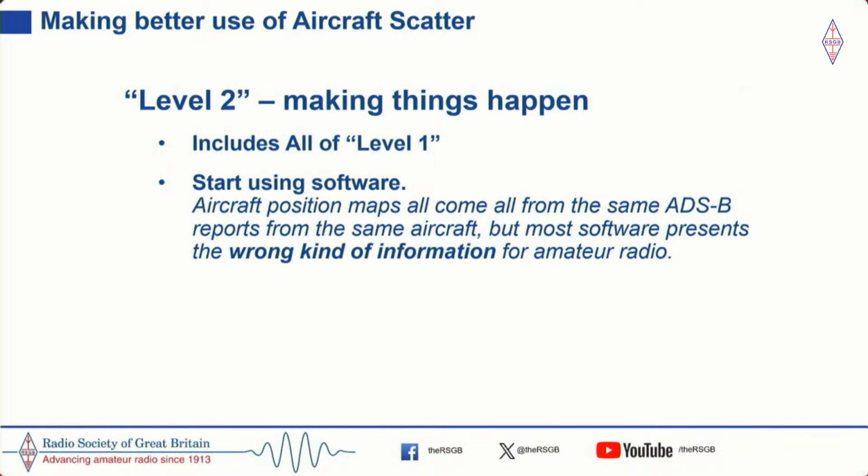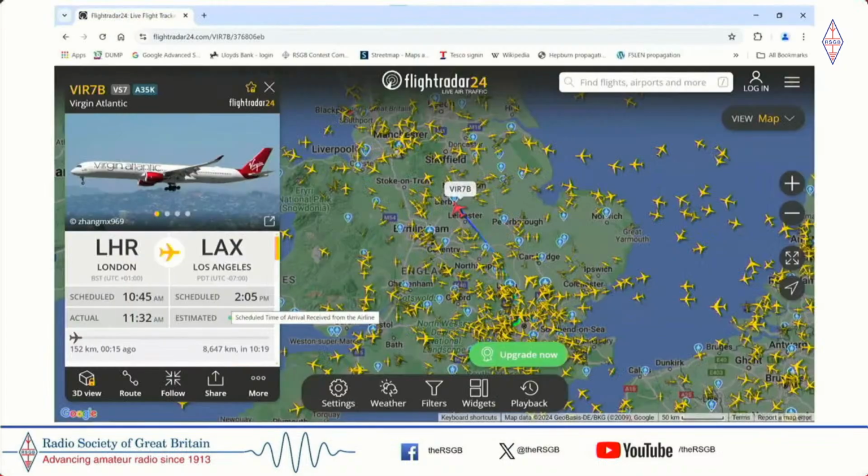And all of these reports get picked up by listening stations down on the ground, fed into servers, which then collate the information and put it on a map. The problem is most software presents the wrong kind of information for what we want in amateur radio. For example, here's Flight Radar 24.